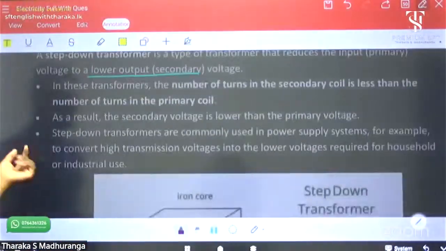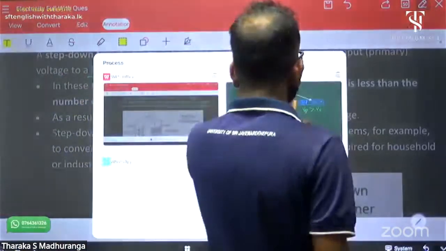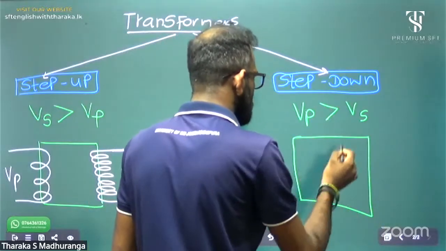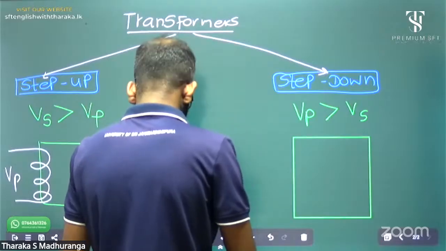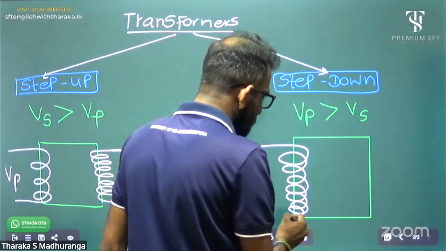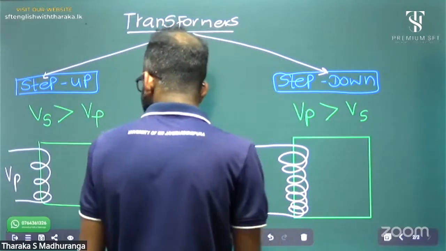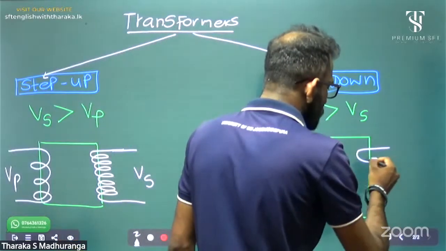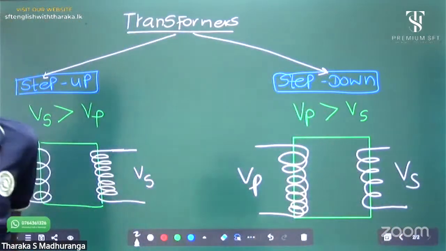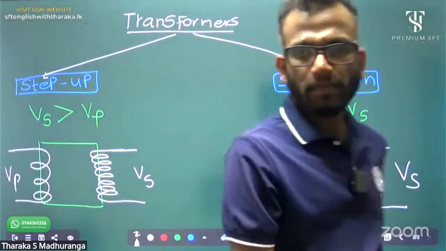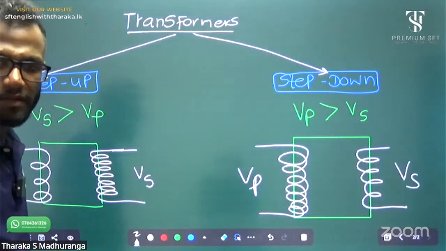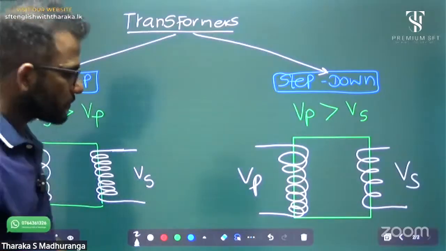In these transformers, the number of turns in the primary coil is greater than in the secondary coil, so VP is greater than VS. That's a step down transformer. That's a short note of the lesson.